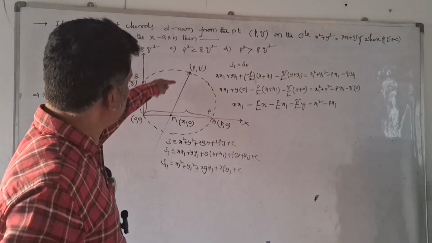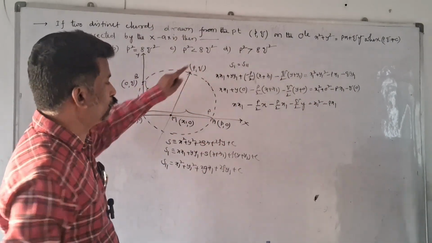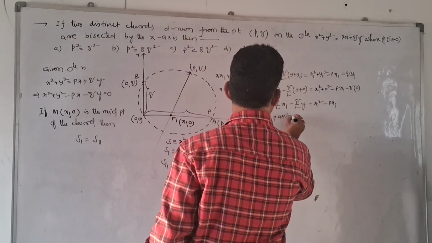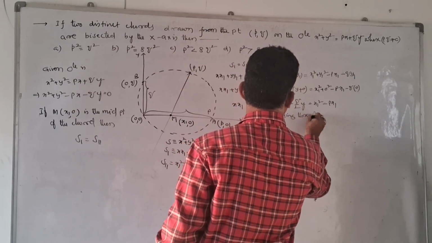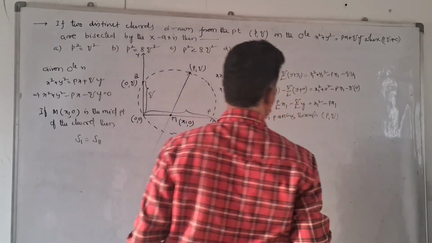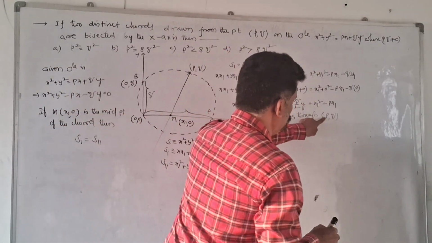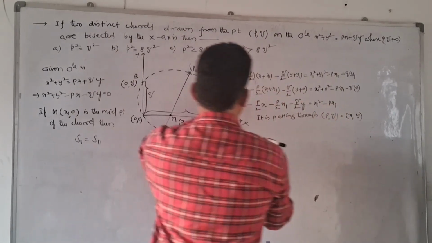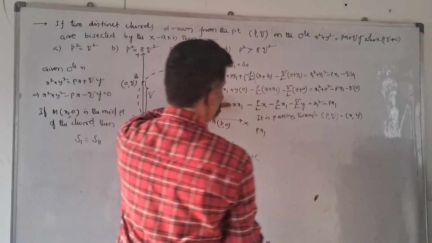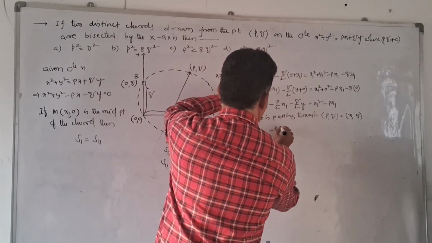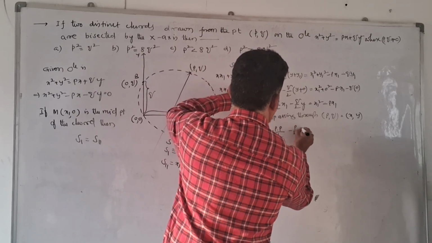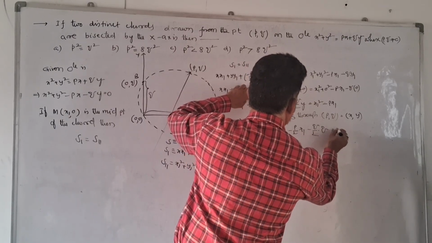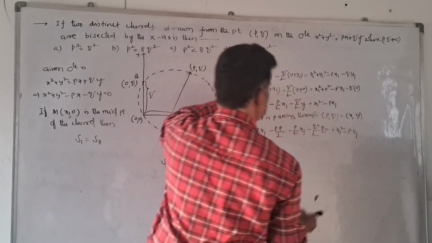But the chord is passing through (p, q), so x is equal to p, y is equal to q. So p x1 minus p into p by 2 minus p by 2 into x1 minus q by 2 into q is equal to x1 square minus px1.